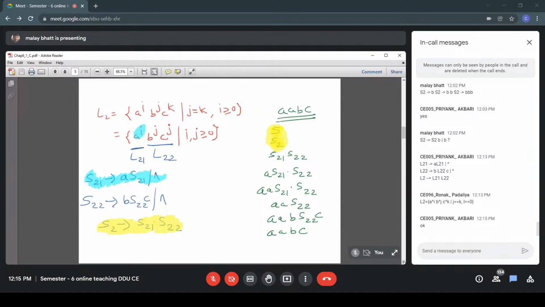PU indicates the union operation, which is equal to all the rules of the first language, P1, union all the rules of the second language, P2, union one extra rule for the union operation, I equal to J or J equal to K. So for that union operation, we need this rule: SU gives S1 or S2.